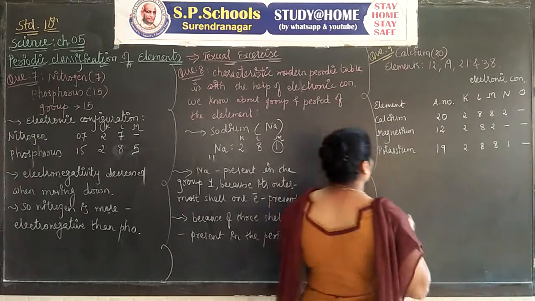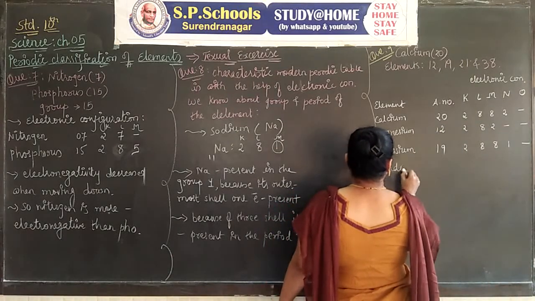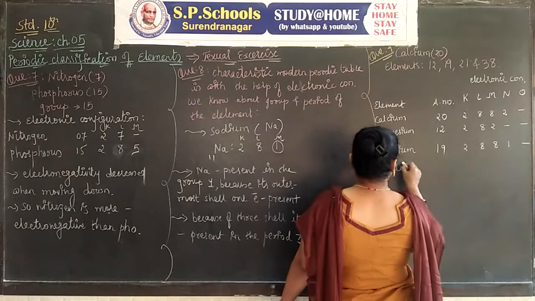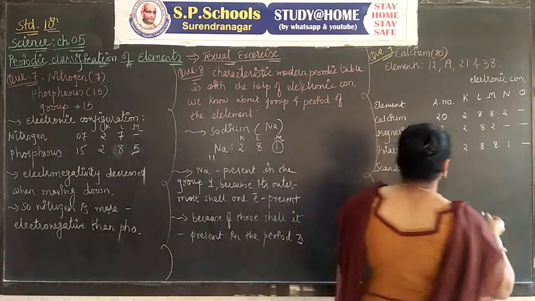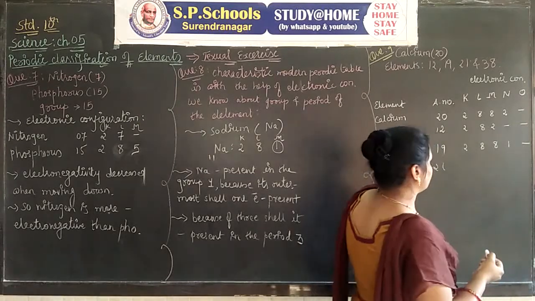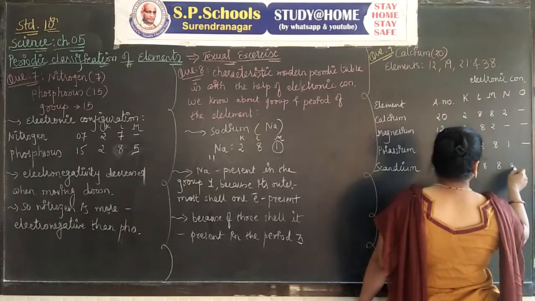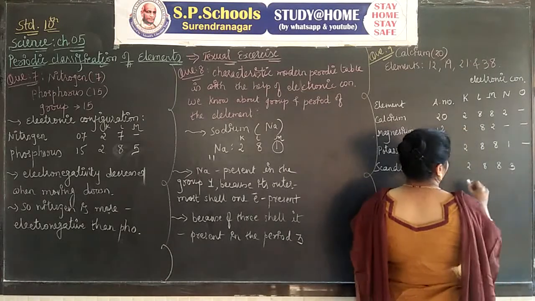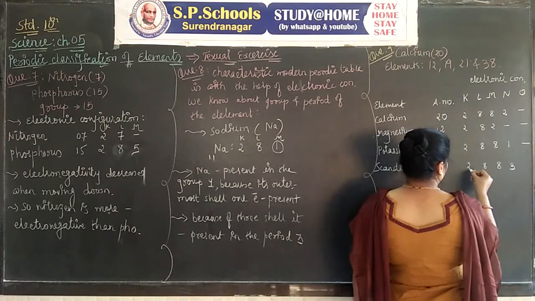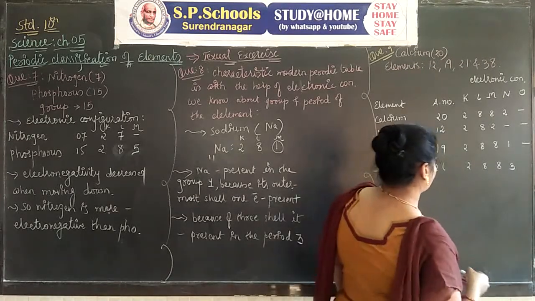Then we write about scandium. The atomic number 21. About scandium, it will be 2, 8, 9, 2. Check it with their atomic numbers 10 and 11, 10 plus 11, 21.